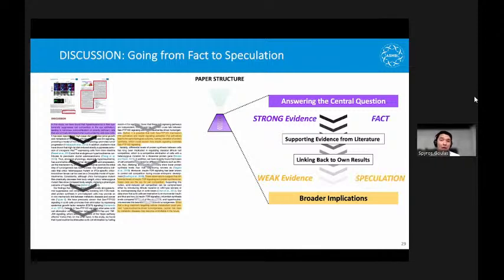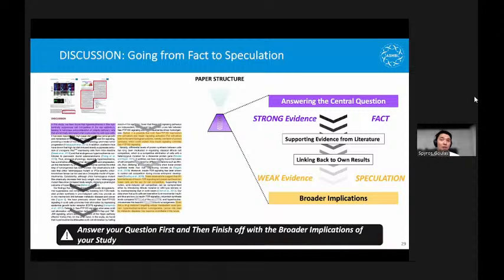This is also how I would suggest that authors construct their discussion, as immediately after the results section is the most effective point with the most impact in the discussion. So don't waste the discussion section of your paper with a summary, but rather answer your question first and then discuss the broader implications and speculations of your study.